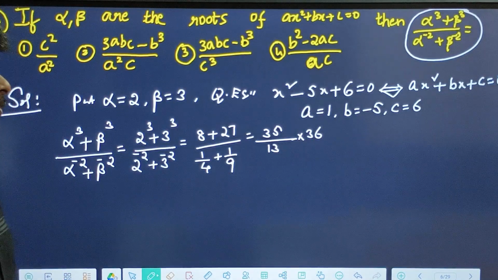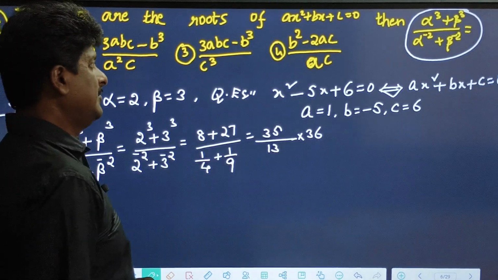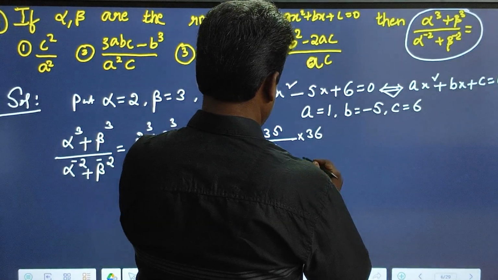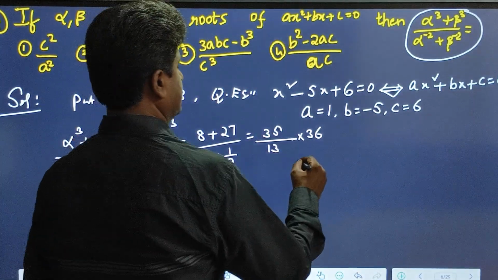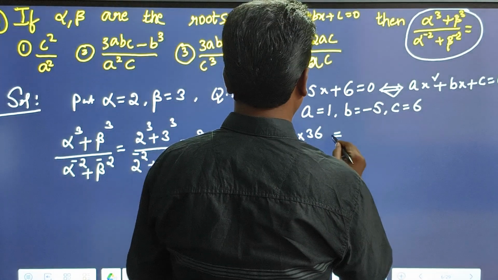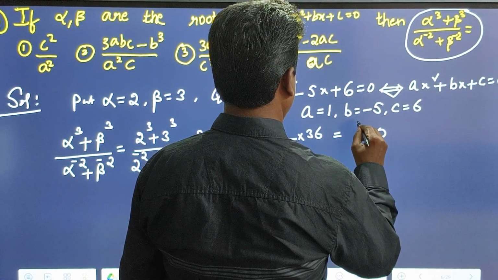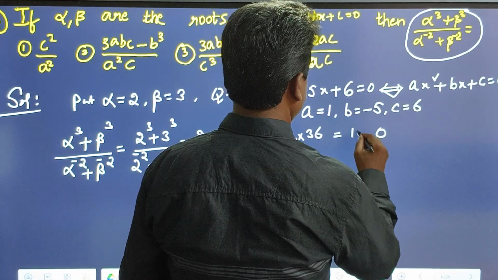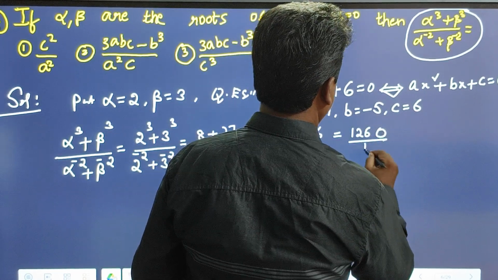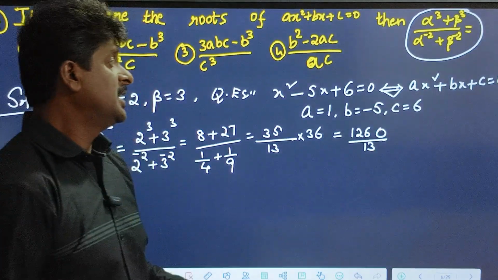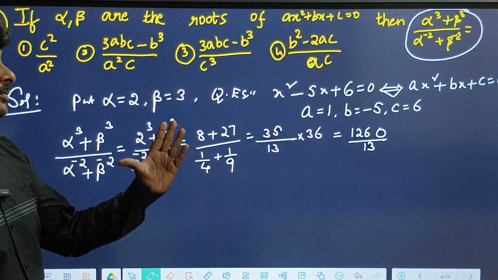Okay, no more cancellation. 35 into 36: 36 5s are 180, 18 left, 36 3s are 108, plus 18 is 126, so 1260 by 13 is the question value.